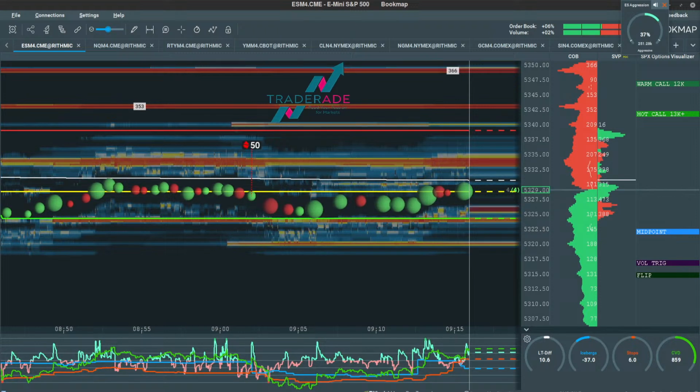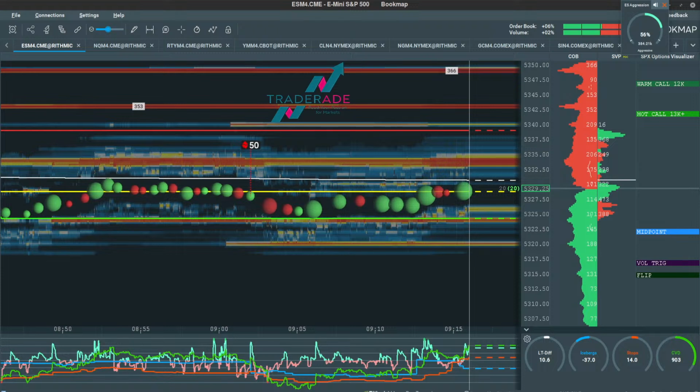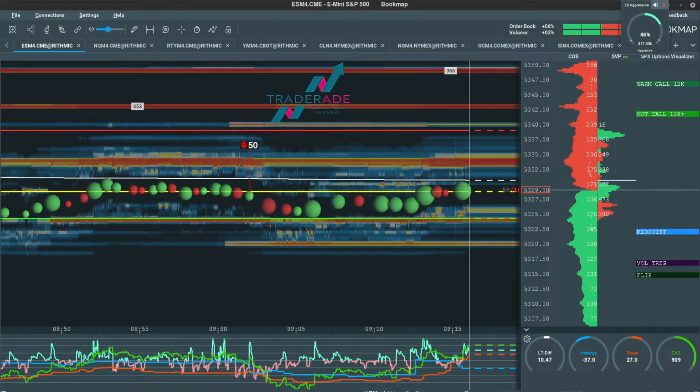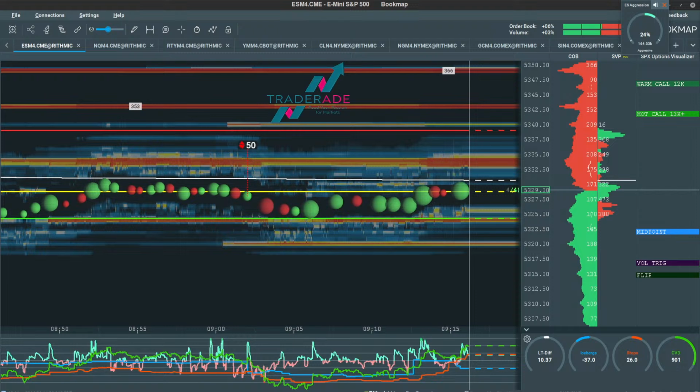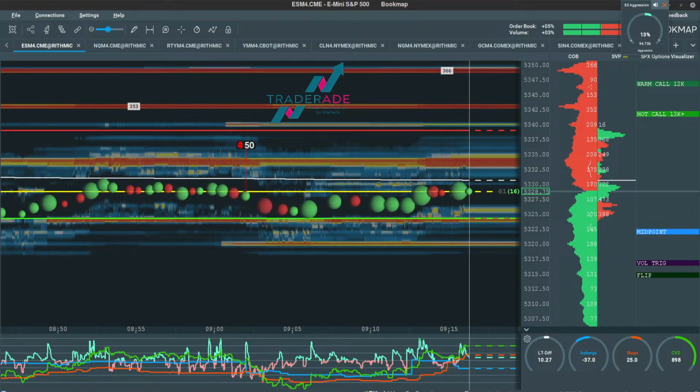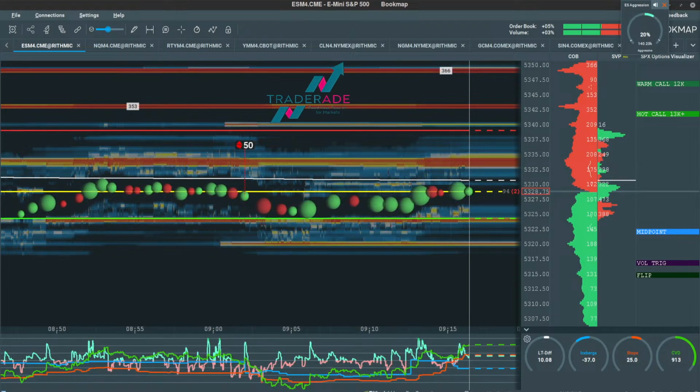If you see that, you're getting the sense that there is a lot of absorption by larger passive buyers and that a lot of the specs got stopped out. The weak hands got shaken out, so there's some room for a reversal there. That's one of the ways I like to look at the subchart and these radials. If you see that happening and then the liquidity differential gets even more positive, that's also telling you the order book is becoming more supportive of higher prices.